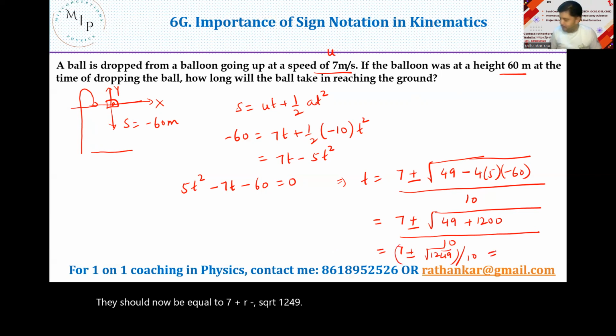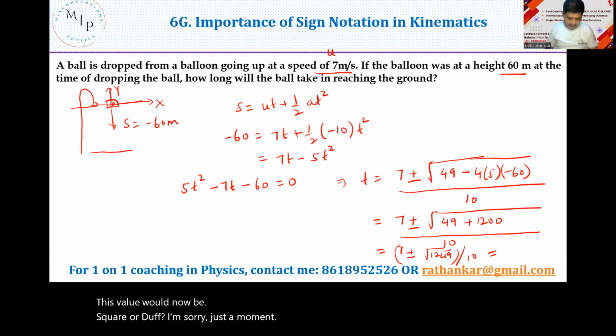Right? So let me find out using my calculator what this value is. Square root of 1249. Then should I take the plus sign or minus sign?